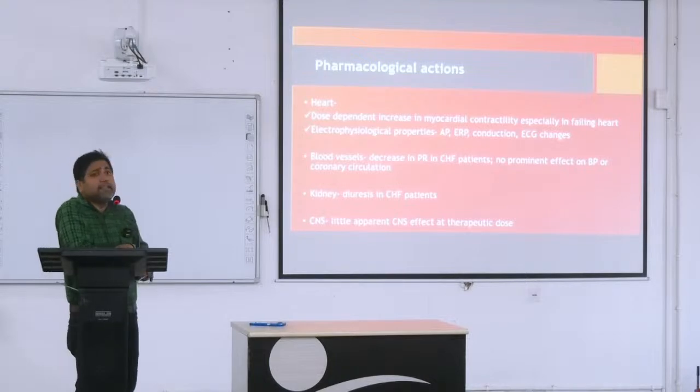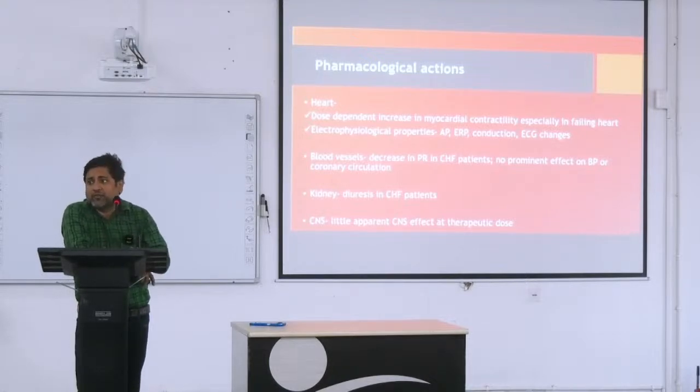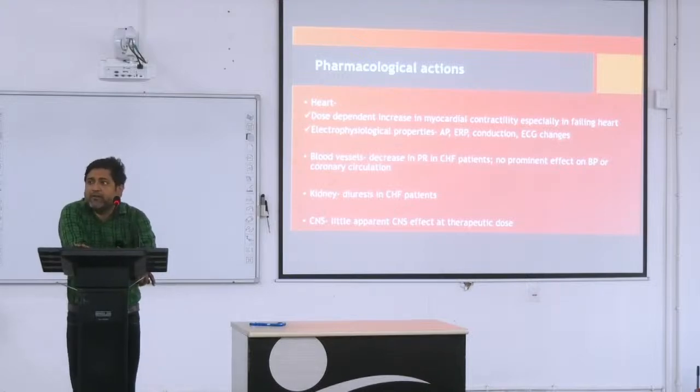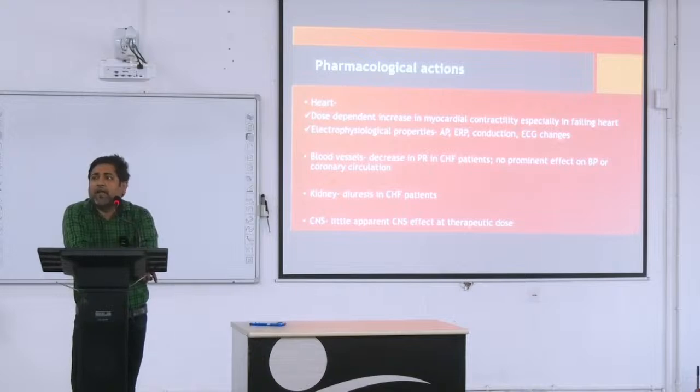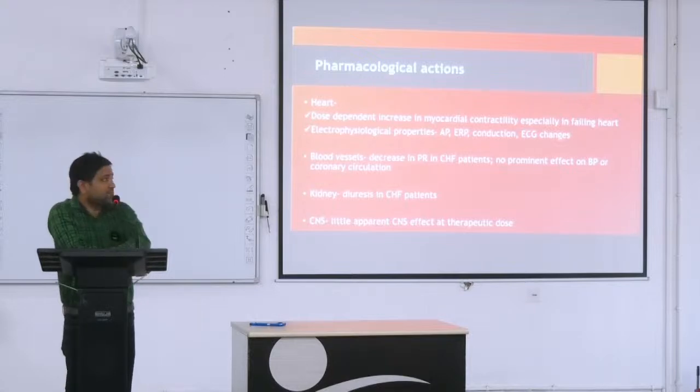In the central nervous system there is little apparent effect at therapeutic dose, but at higher doses it can act on the chemoreceptor trigger zone, causing nausea and vomiting, and at even higher doses it can cause psychosis and others.